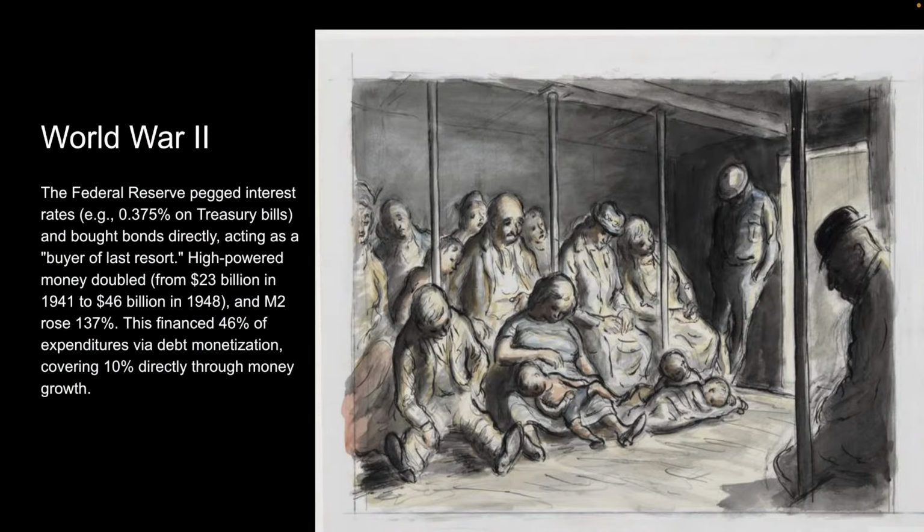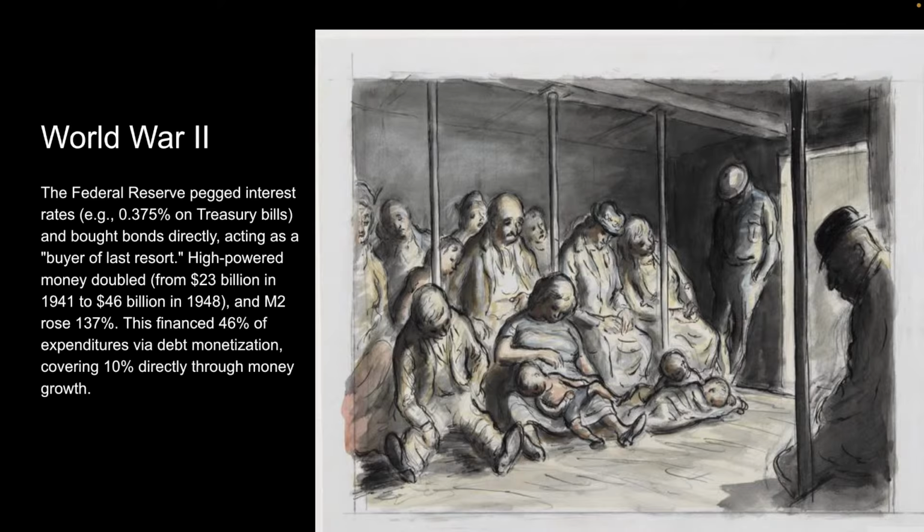And then again, the Federal Reserve does the same exact thing, just a different name for it. In World War II, the Federal Reserve pegged interest rates to 0.0375% on the T-bills and bought bonds directly, acting as the buyer of last resort.